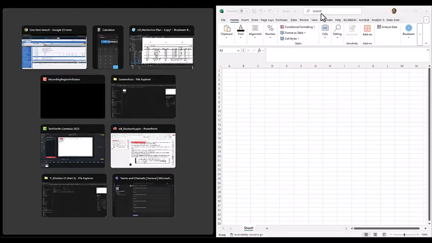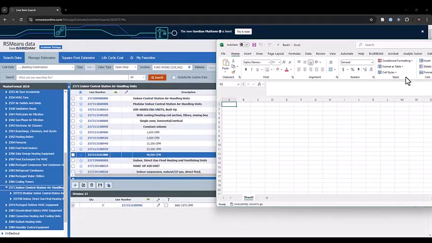Then I will put the size over here. I'm going to put that in the x-axis: 1600, 5000, 11500, 22000, 40000.